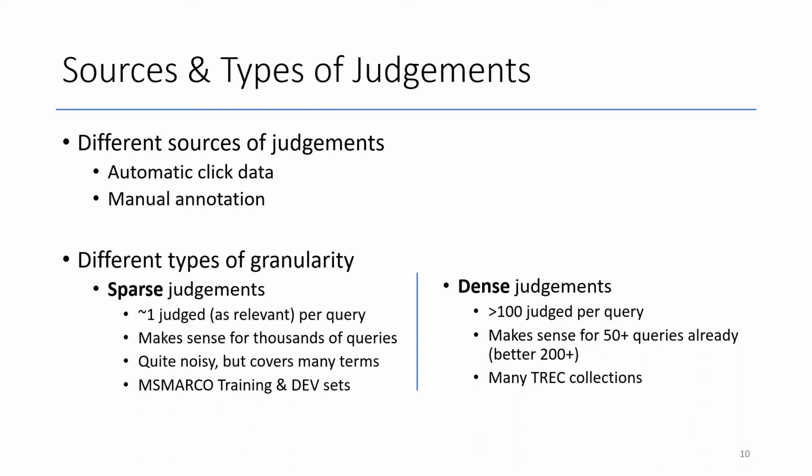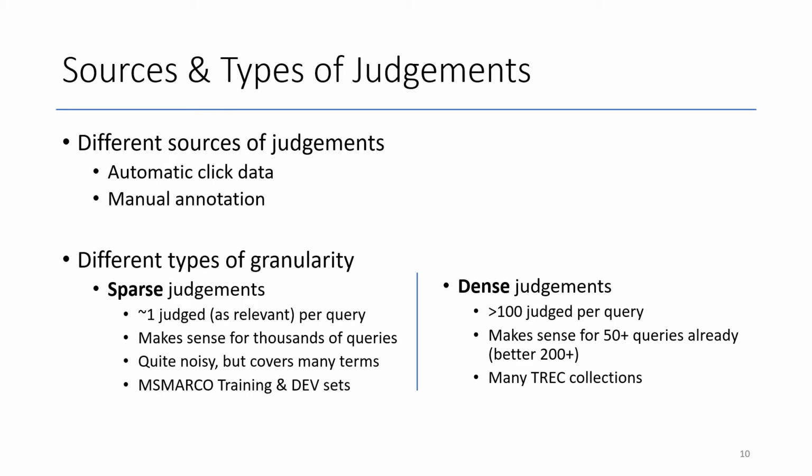Here the MS Marco training and dev sets, that we will hear more about also in the neural IR lectures, are very successful with those, because they can provide us with tens of thousands of training and test queries.